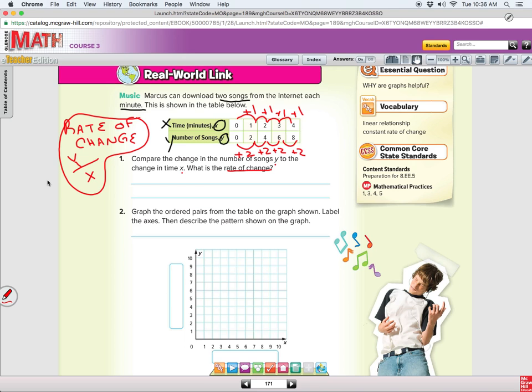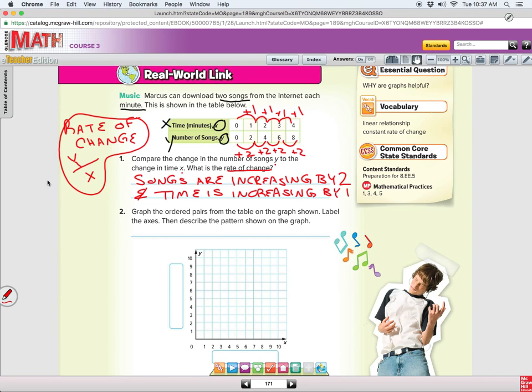So number of songs is increasing. Songs are increasing by 2. How often are they going up? Increasing by 2. And time is increasing by 1.